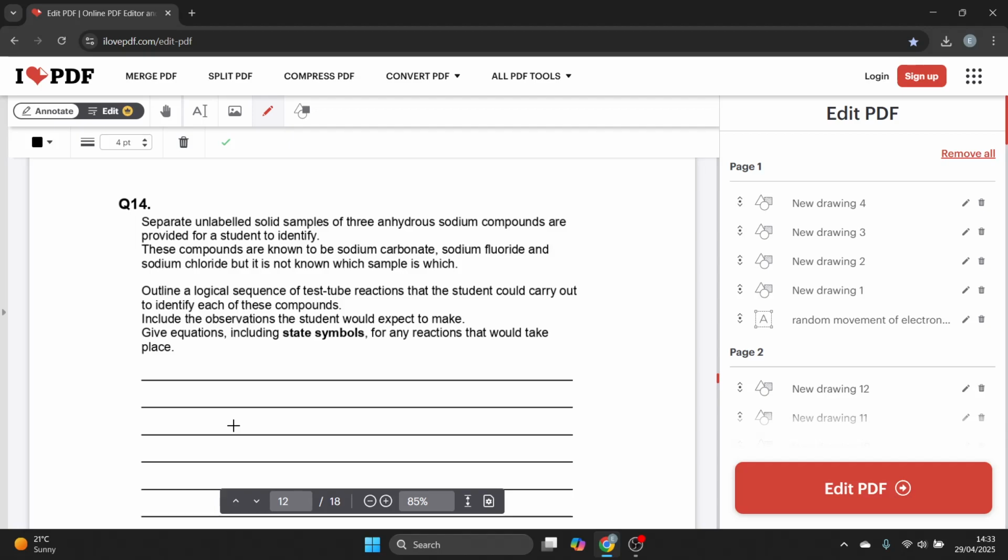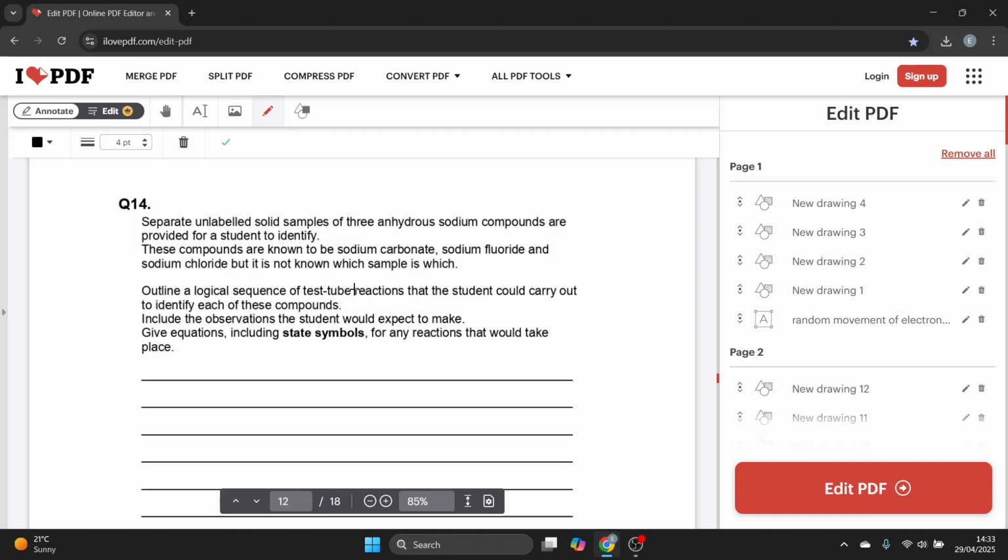Question 14. Separate unlabeled solid samples of 3 anhydrous sodium compounds are provided for a student to identify.